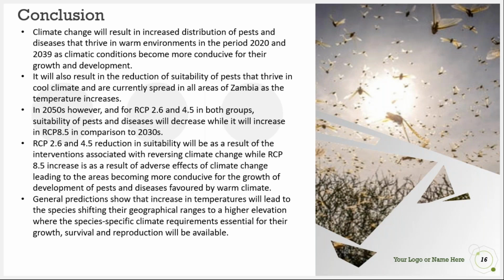That is in the 2050s, because of the mitigations, 2.6 and 4.5 are becoming much better compared to the 2030s, but 8.5 becomes worse, because cool climate pests are reducing, but warm climate pests are increasing.